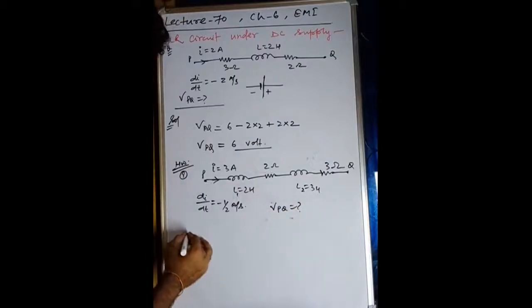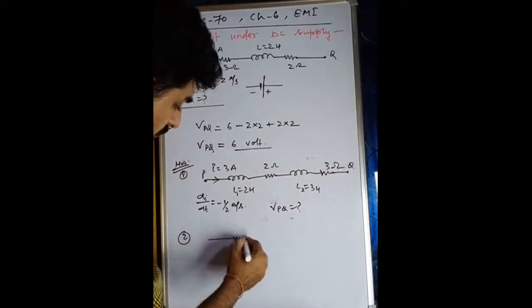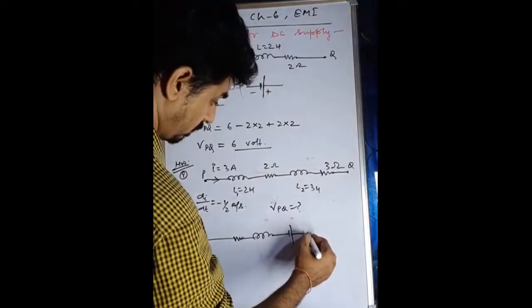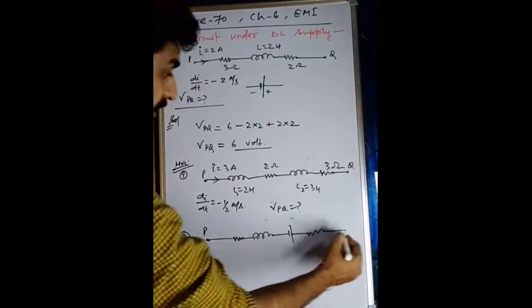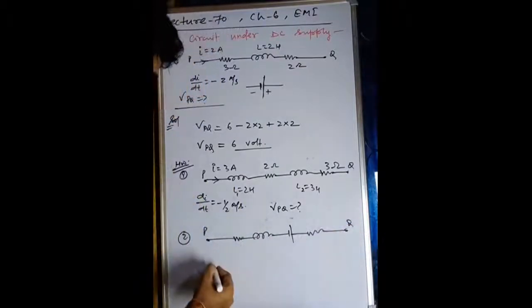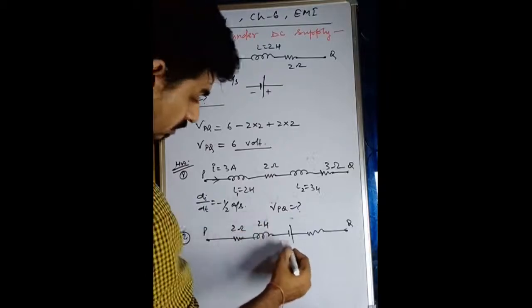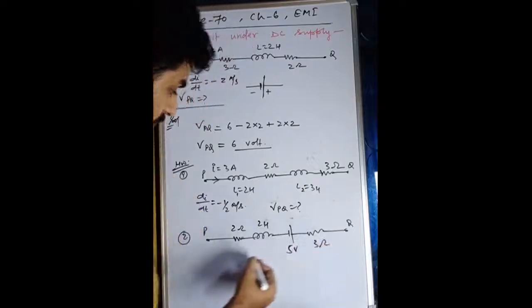Okay, now the next homework, the second homework, is this one. The point P, point Q, 2 ohm, 2 Henry, 5 volt, 3 ohm.